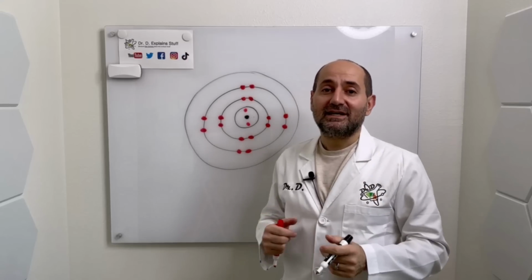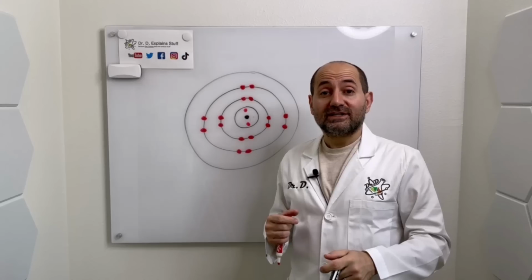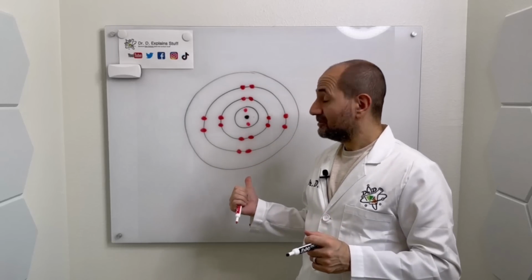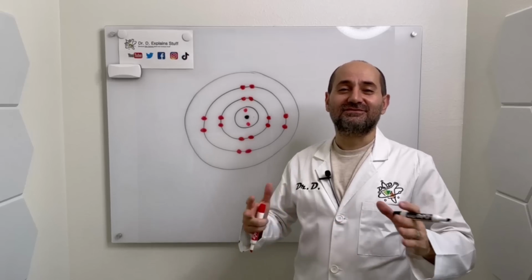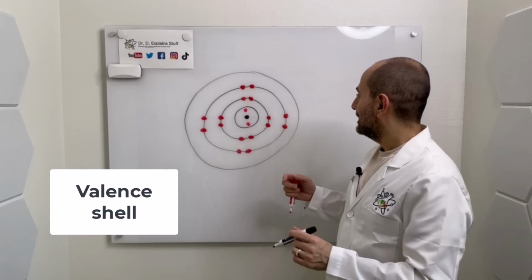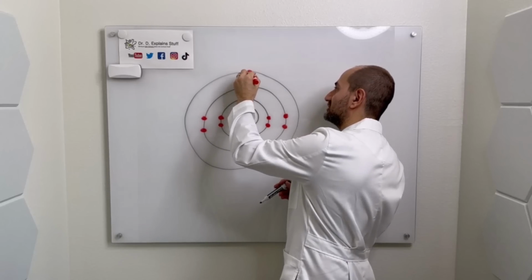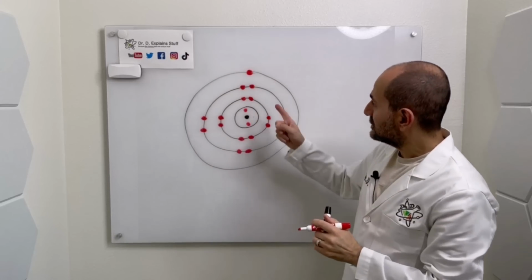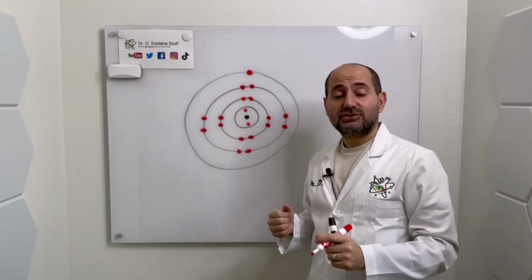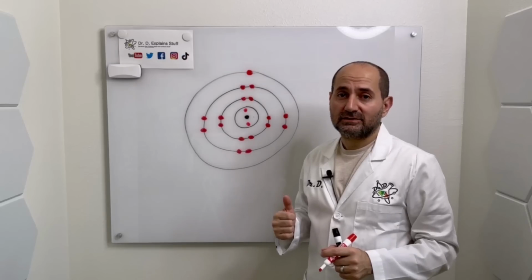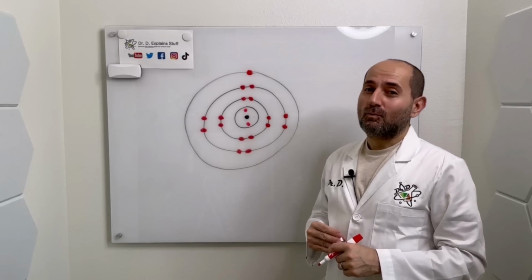And by the way, I need to define a term for you real quick. Whenever we're addressing the outer shell, whenever we're talking about the outermost shell, that is called the valence shell. So if there was one electron in the fourth shell, and I asked you how many valence electrons this atom possesses, you would say one, right?